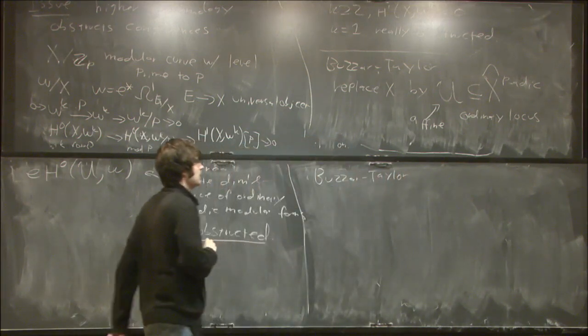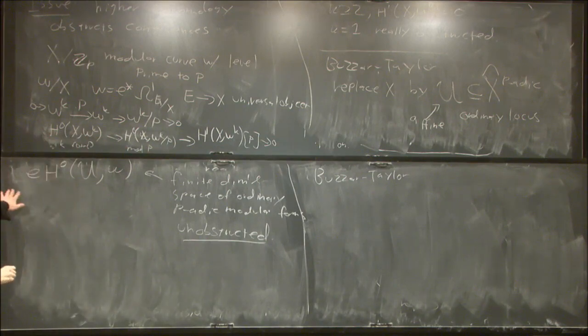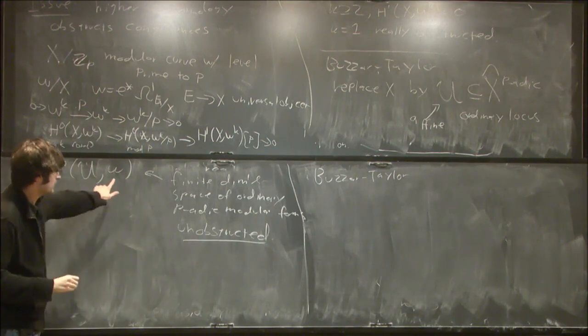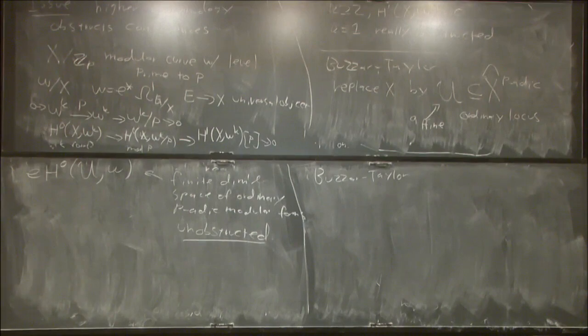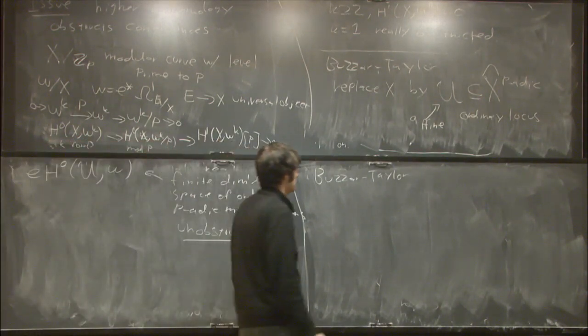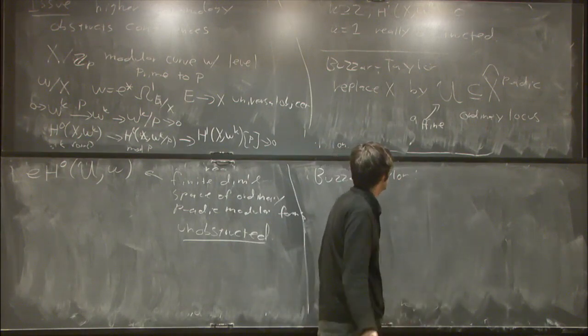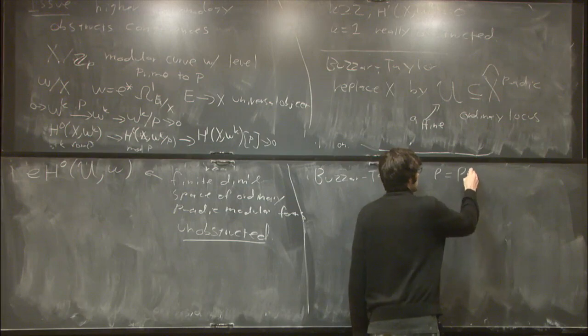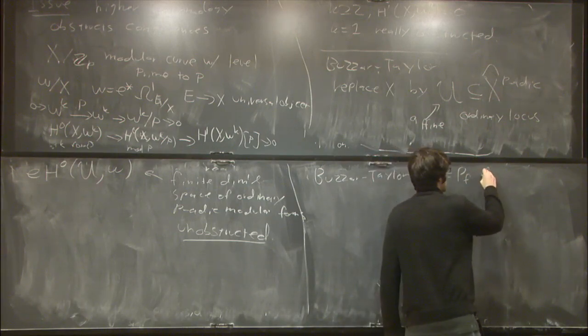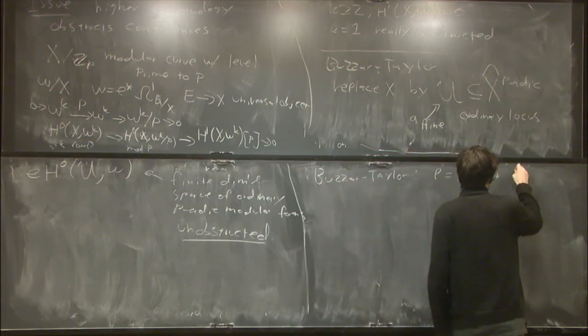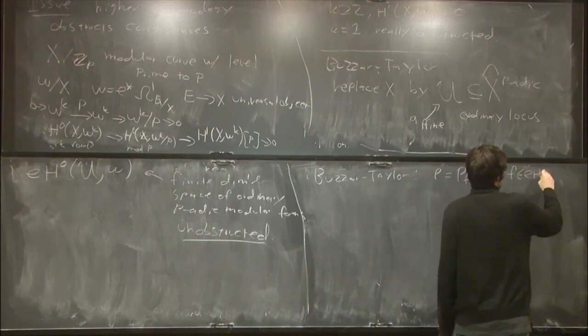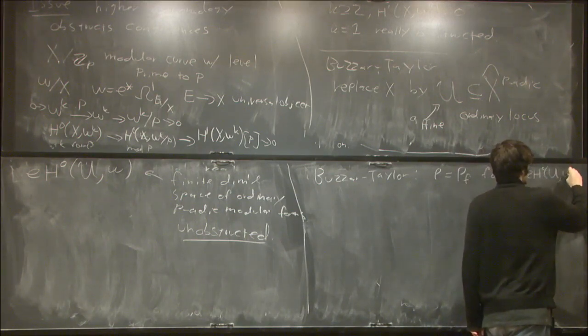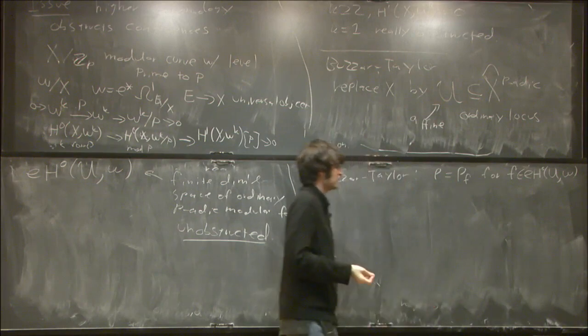What they do is they prove a modularity lifting theorem for ordinary p-adic modular forms of weight 1 rather than classical modular forms of weight 1. And so what they show is that rho is rho_f for f in this space. Which is, of course, not what we want.